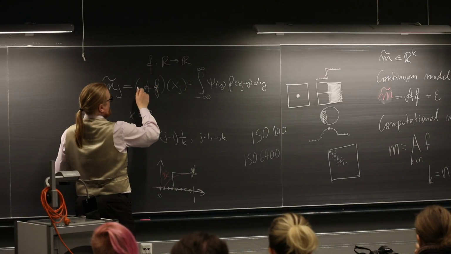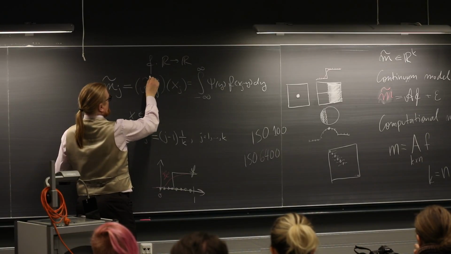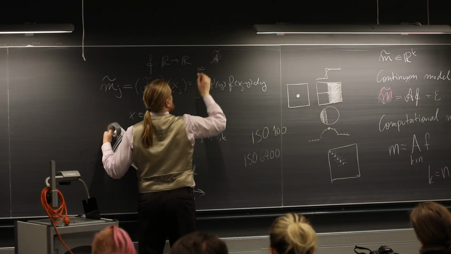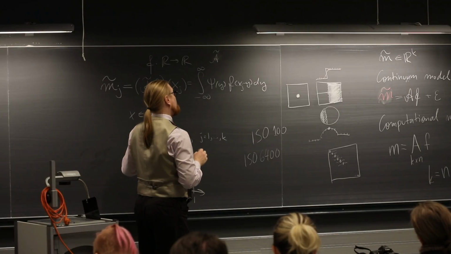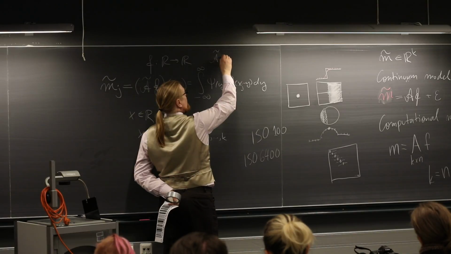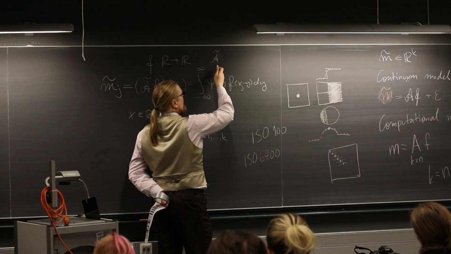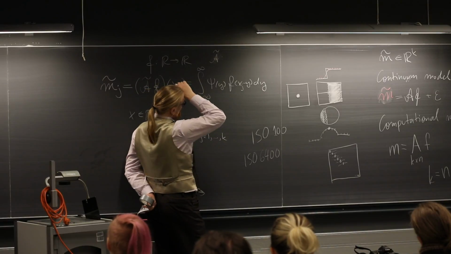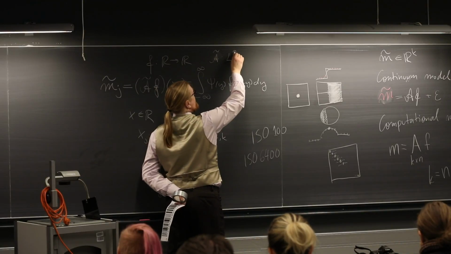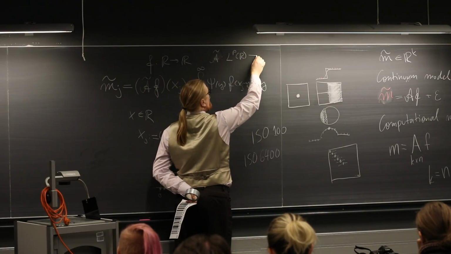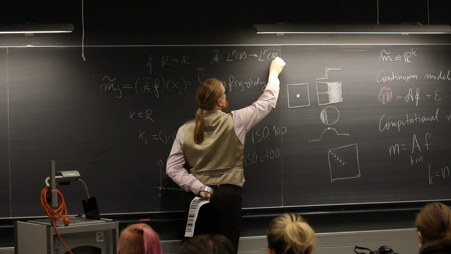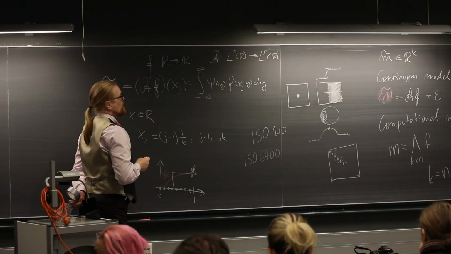So this should be called something. So this, let's say, a beautiful. This would be an operator from some function space, maybe some Lebesgue space on R to maybe some other Lebesgue space on R. So this is an operator between function spaces.